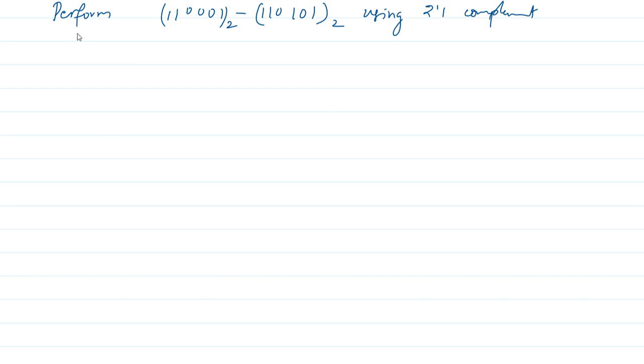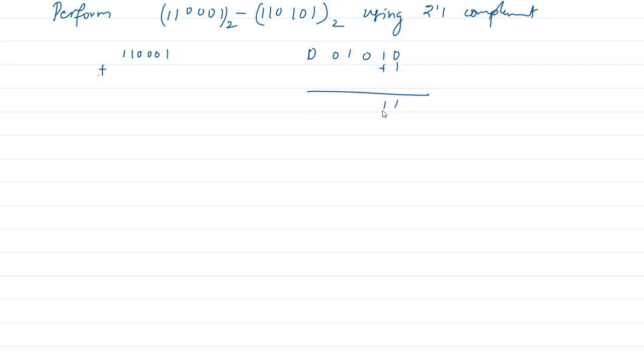Now to do this, the same steps we have to follow. That is, minuend I will write 110001, plus 2's complement of the subtrahend, that is what I write here, 0 0 1 0 1 0 plus 1, correct?